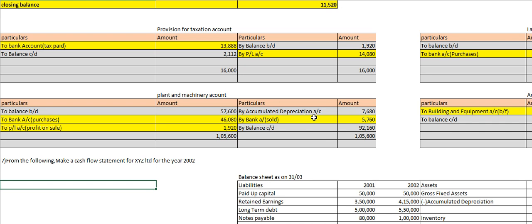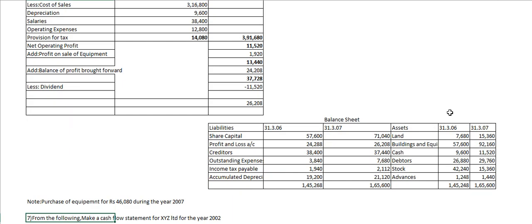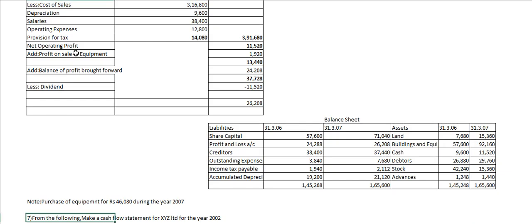Now if you see, you have a debit balance. Now before that, you're supposed to prepare your accumulated depreciation account. So accumulated depreciation account is an expense. So it is by balance brought down, which is 19,200, and to balance carried down, it is 21,120. So in the current year depreciation, they have told 9,600.